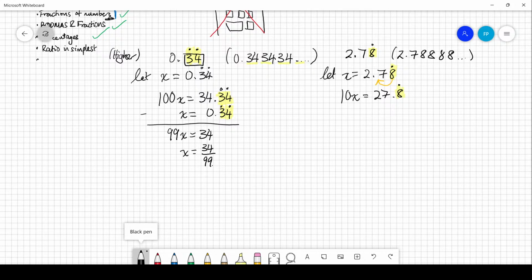And just like the other method, we want one part of that recurring bit on the other side of the decimal point. So we'll multiply it by 10 again, so we'll get 100x equals 278.8 recurring. So I'm going to quickly write this down the other way now.